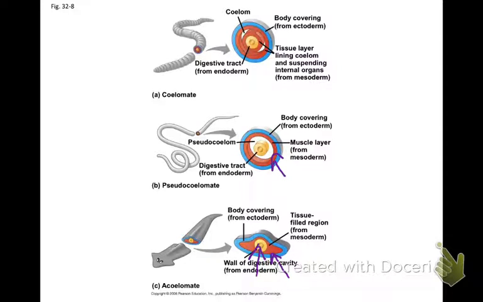And then we have the inner tube that forms the digestive tract, and that is from endodermal origin. So this qualifies as a pseudocoelomate, and the only organisms that we looked at that possess a pseudocoelom are the nematodes.